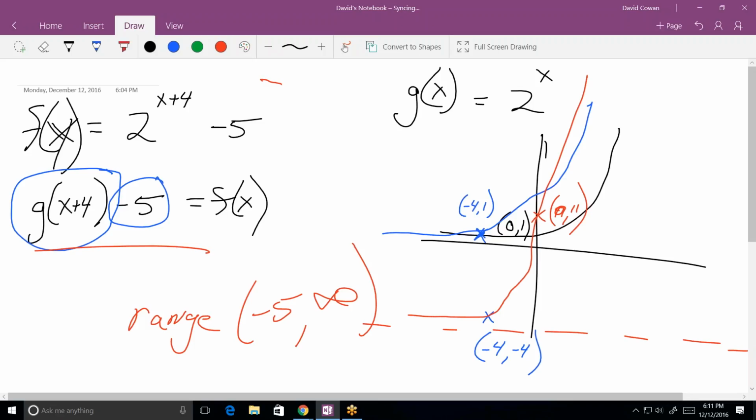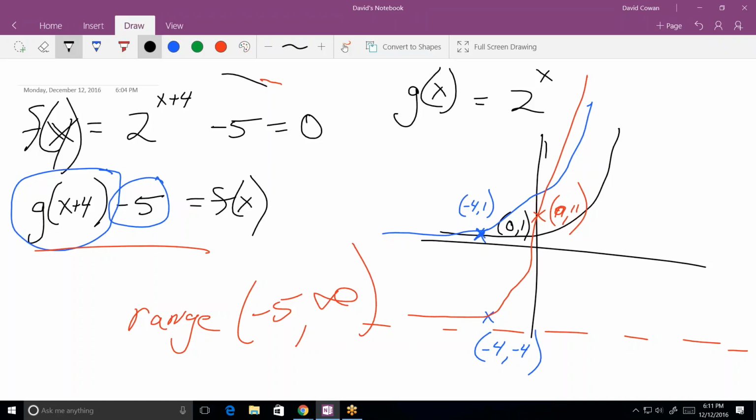To find the y-intercept, x is 0. To find the x-intercept, you set f of x equal to 0. When you're on the x-intercept, you want f of x to be 0. I'm sorry, I was looking at the x-intercept. I would set that equal to 0 and solve it.